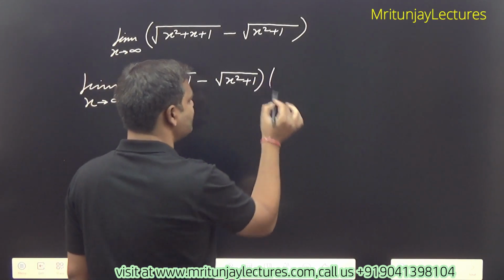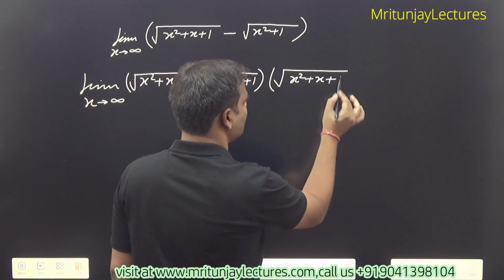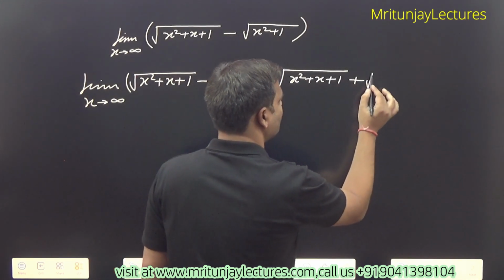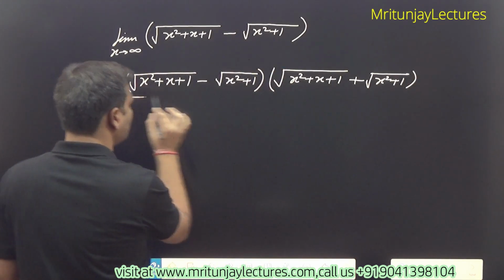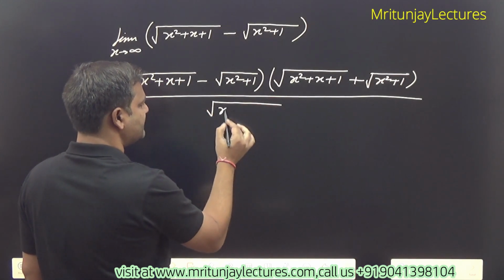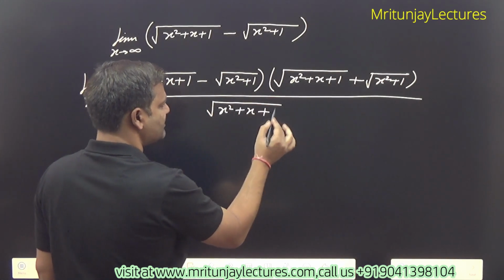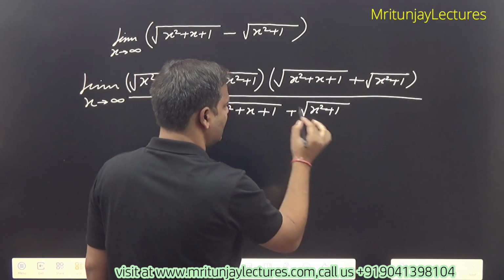If we rationalize by root x square plus x plus 1 plus root x square plus 1, whole divided by root x square plus x plus 1 plus under root x square plus 1. Is that clear?